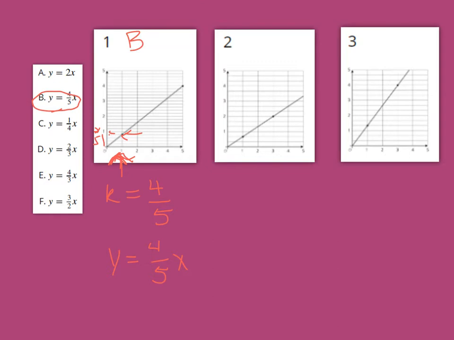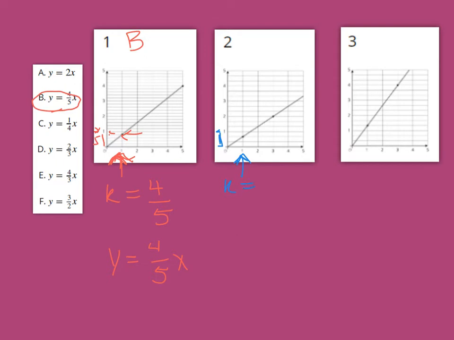Okay, the next one that we have, again, we're going to go straight to the 1, where the x is 1, and we go up. And in this case, if we count the number of spaces between the 1 and 0, there's 3.